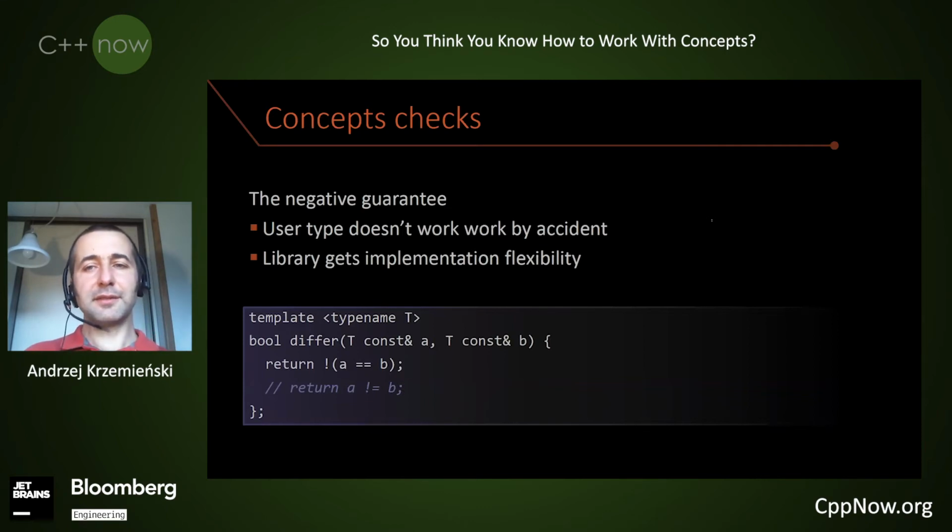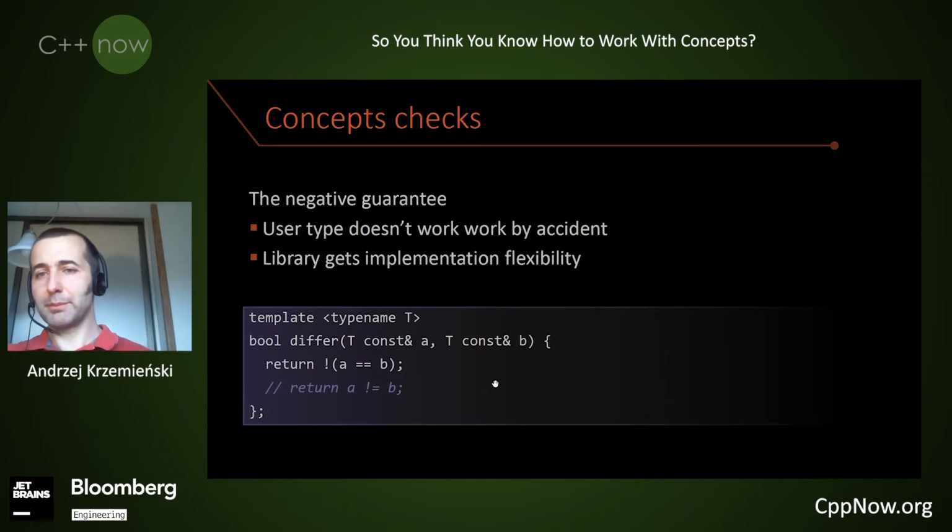And this negative guarantee doesn't seem like a lot, but actually it already gives us a very useful value, because it protects us against users' types accidentally satisfying our requirements. What I mean by this is that it's possible that I have a function differ like here that uses operator equals to check for inequality, and it works for some user types that don't have operator bang equals.